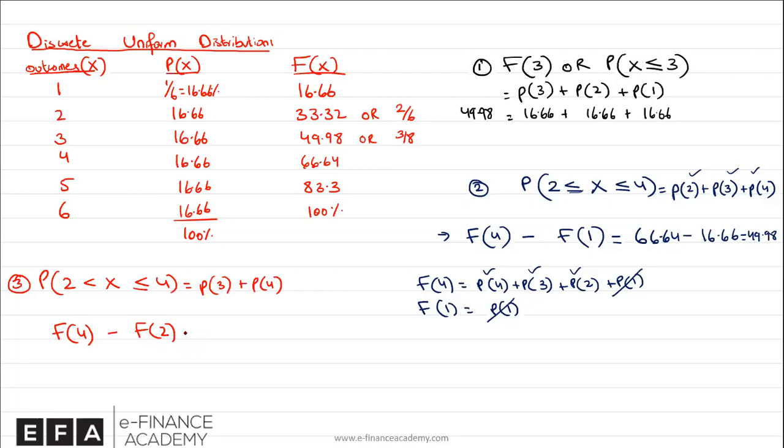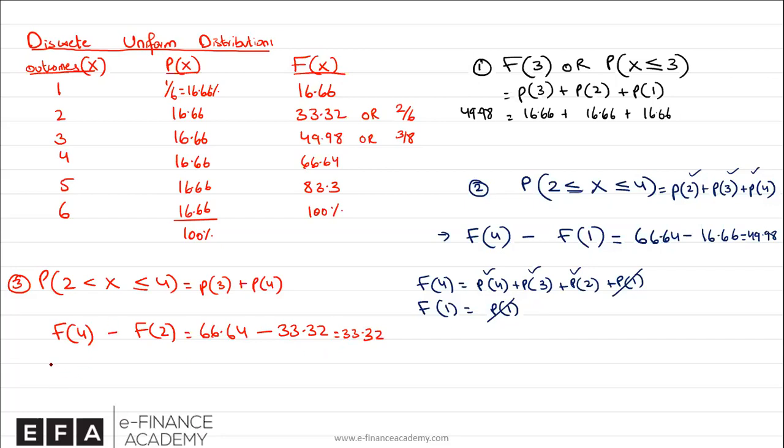So this is simply going to be 66.64 minus F2, which is 33.32. And that should give us the answer, which will be around 33.32.